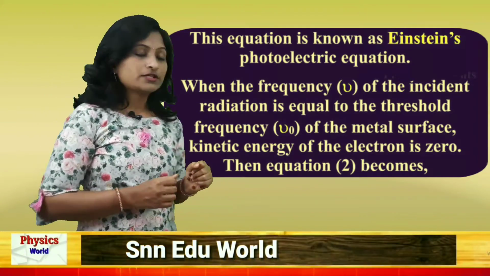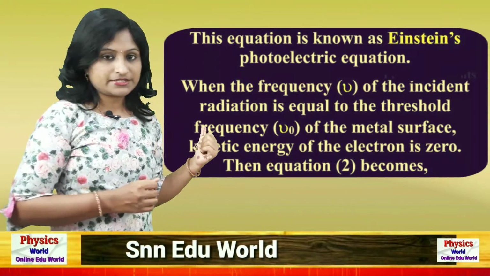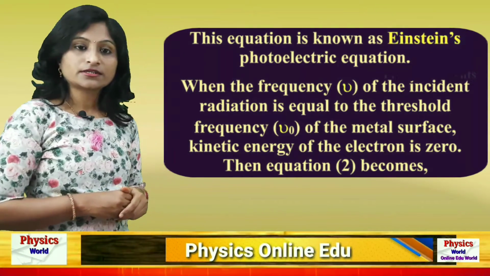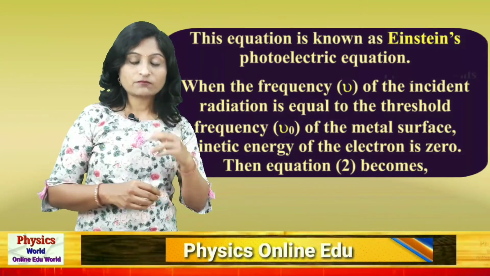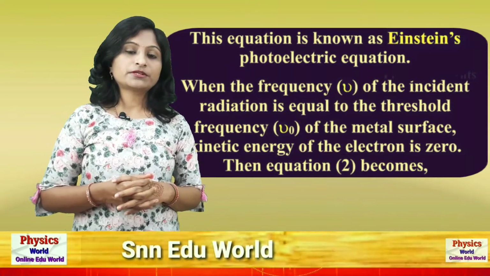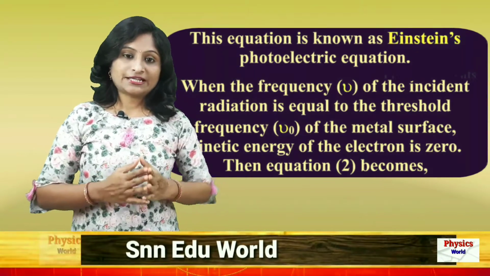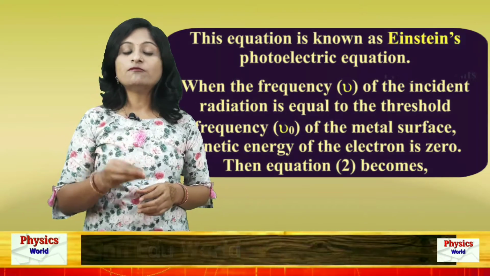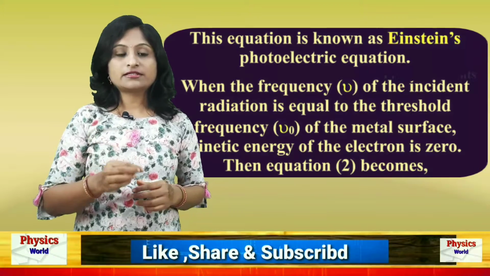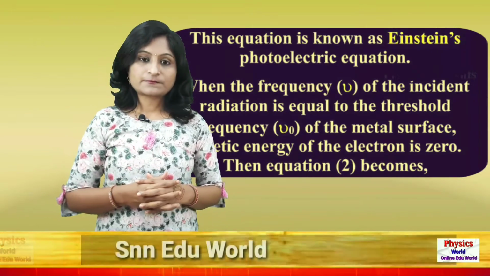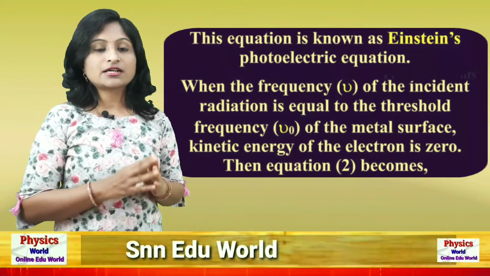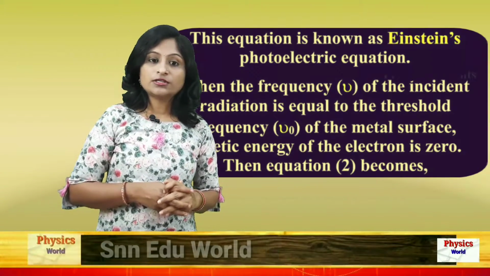According to this equation, what is nu? Frequency. What is h? Planck's constant. And one more concept we are going to apply here is the threshold frequency. In the previous class we discussed that the threshold frequency is the minimum frequency of incident light at which the emission will start. At the starting position, when the emission just starts, the frequency is nu naught.